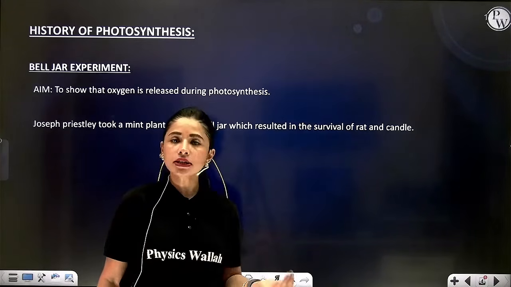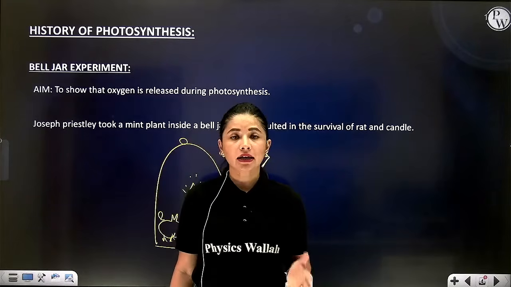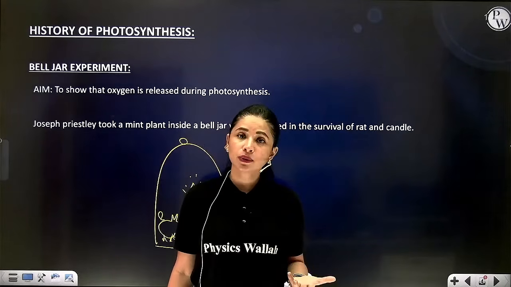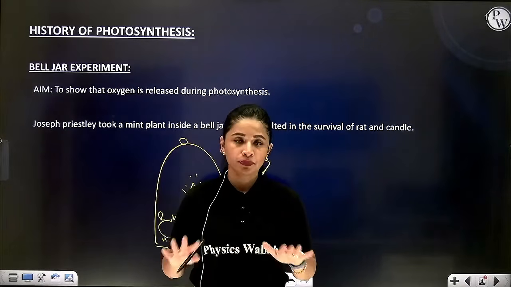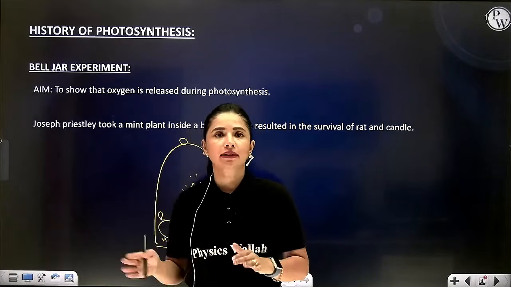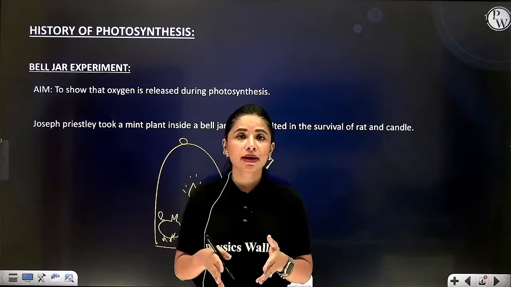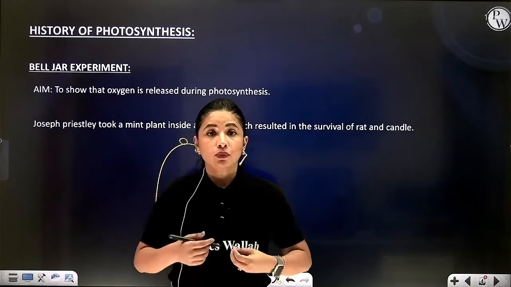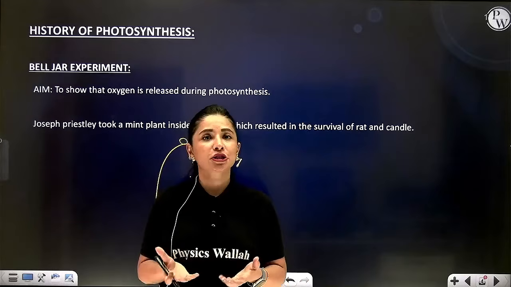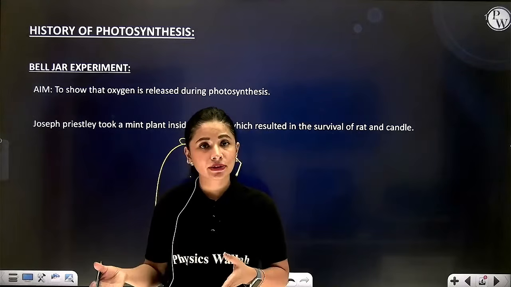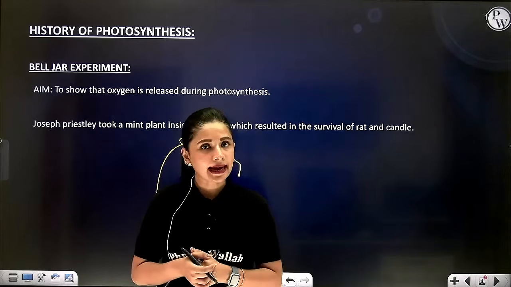After some time, he observed that both the burning candle as well as the live mice died. The candle got extinguished and the mice died. He was surprised: what actually happened inside the bell jar that resulted in the death of the mice and the extinguishing of the candle?